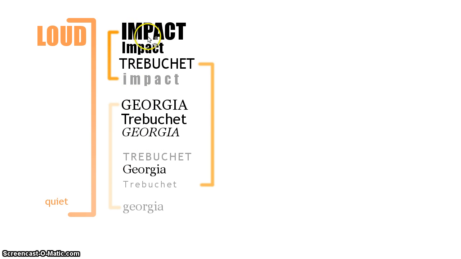On the other hand, with Impact, they're almost all loud. Even if you use lower case and put a little space between the letters, it's even louder than the Georgia font. And if you compare Tribute, it's kind of in between.